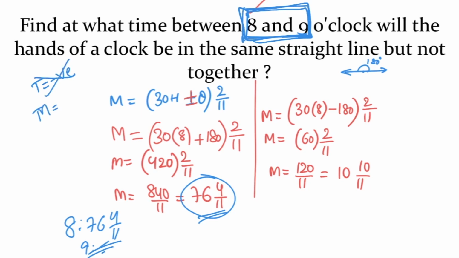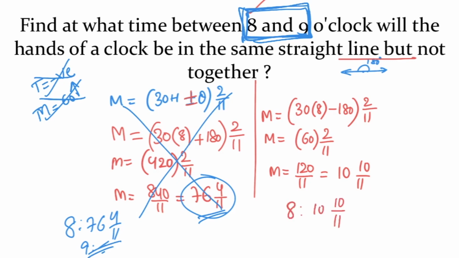Whenever the number of minutes exceeds 60, we don't consider that case. Here the first case is not possible, the second case is possible. So both the hands of the clock make 180 degrees between 8 and 9 at 8 hours 10 10/11 minutes. This is the right answer, 8 10 10/11. We are not considering the first case because the number of minutes exceeds 60.